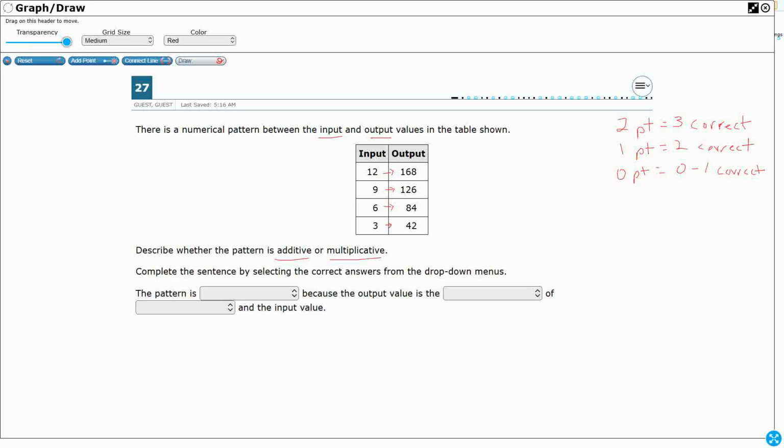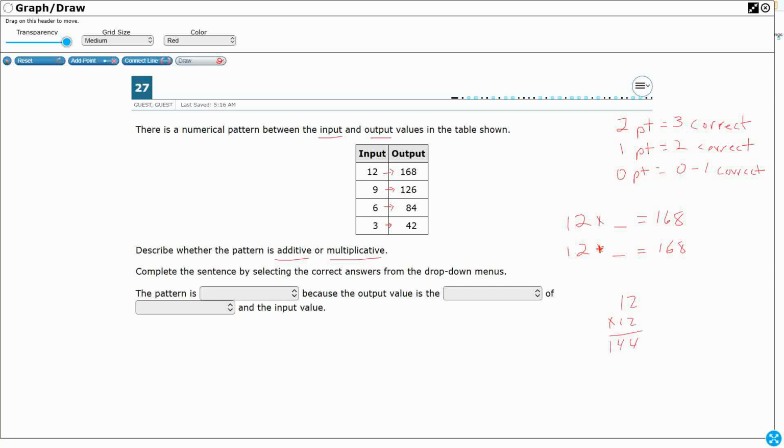Well, let's start testing. So 12, we're going to start with this very first one right here. 12 times something equals 168, or 12 plus, let's make that a plus here, something equals 168. Now, I'm not sure about my 12s. Let's multiply. I know 12 times 12 equals 144.